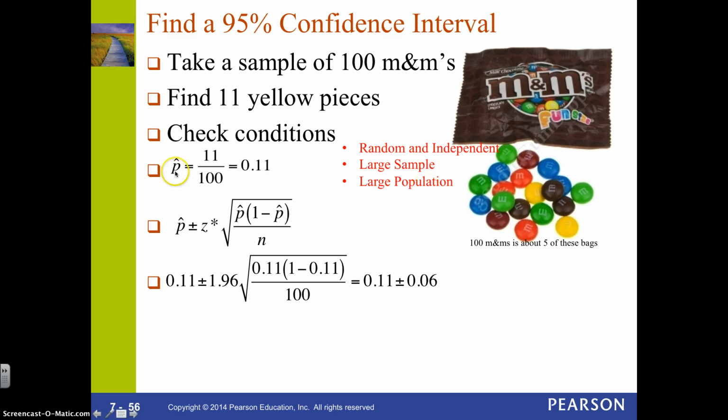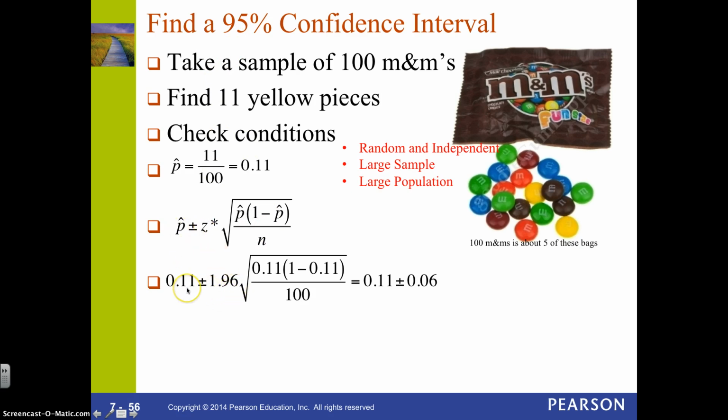Okay, so I find my p hat. It has 11 pieces out of the 100, so it'd be 11% or 0.11. Remember to always use decimals in your formulas when you're doing this. Here's my formula. I'm finding a 95% confidence interval, so in my formula I'm going to put the 1.96 in for the z star.